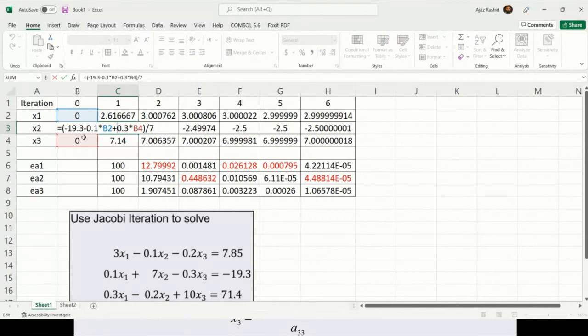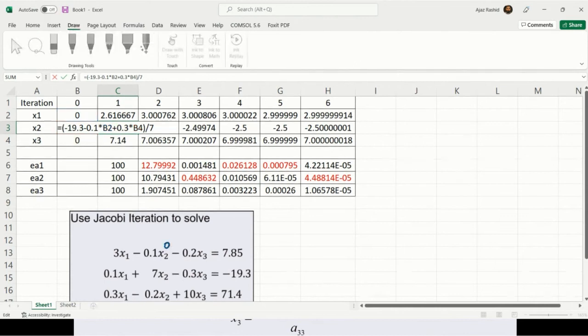But the logic says that whenever you have a new guess value, it's going to be better than the previous guess value. So when we find x1, we use old values for x2 and x3 to find the value for x1. But once we come to find x2, then we already have a new value for x1.